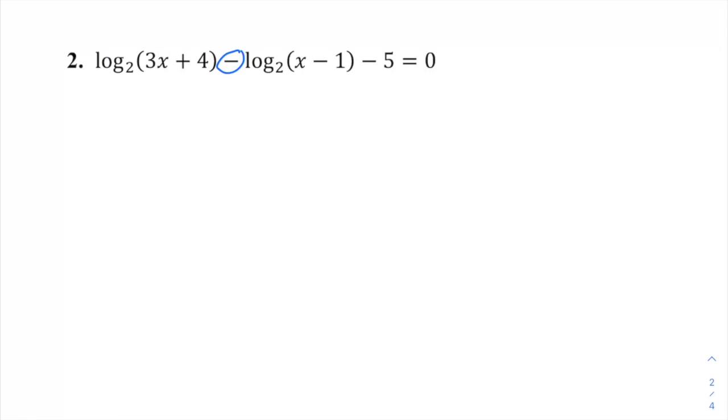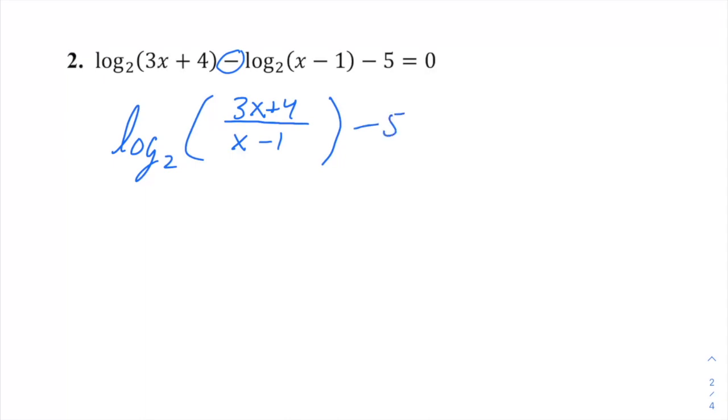I'm going to condense those to log base 2 of, now when we subtract two logs with the same base, remember that is condensing by dividing their arguments, 3x plus 4 over x minus 1. And remember, you're subtracting exponents essentially when you subtract logs. Logs are just exponents. And when do we subtract exponents? When we're dividing. So that's what causes that division on the inside.